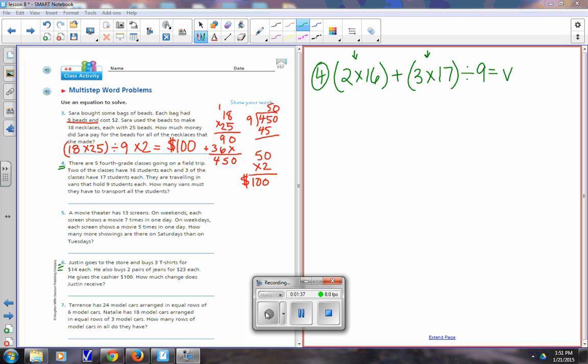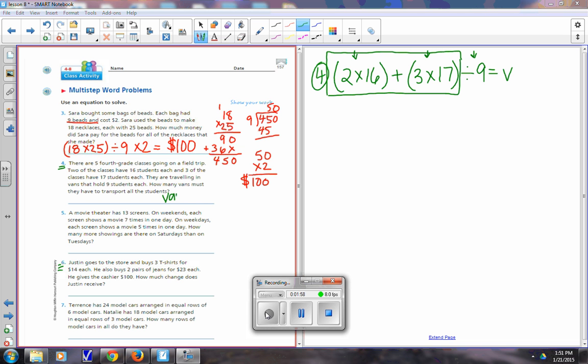How many are in the 3 classes of 17? Then we're going to break the total amount of these 2 by 9 to get how many vans. So you're going to give me the answer with vans on the form.